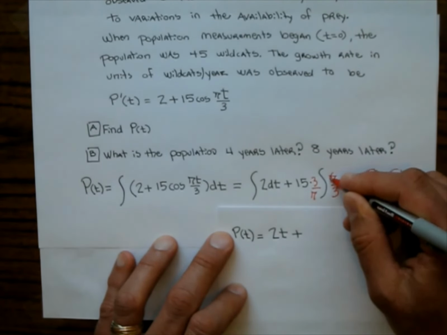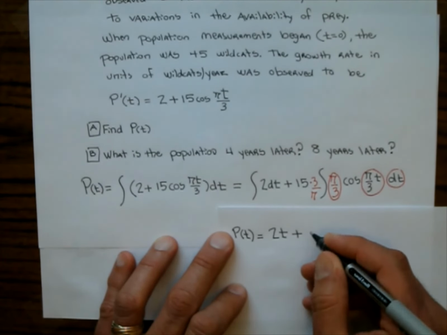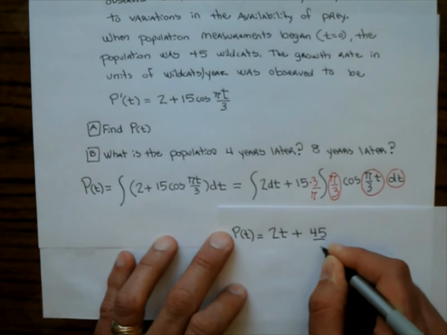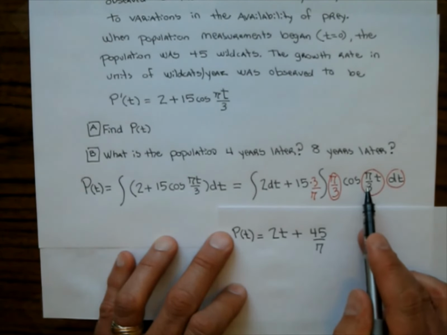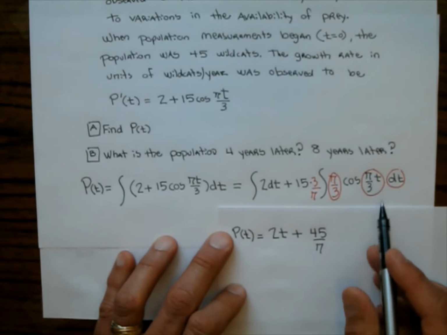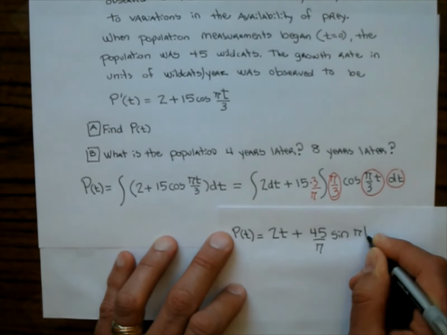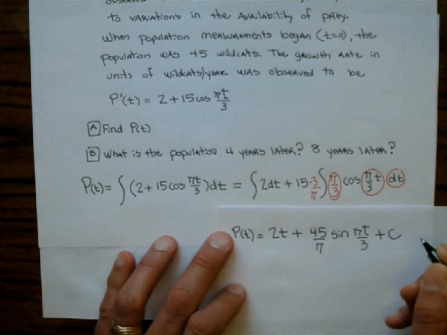This is just the way I do u substitutions when it's a quick one. So watch this. So this is 45 over pi. The antiderivative of cosine of something is sine something. It's a positive, so sine of this something, pi t over 3 plus C.